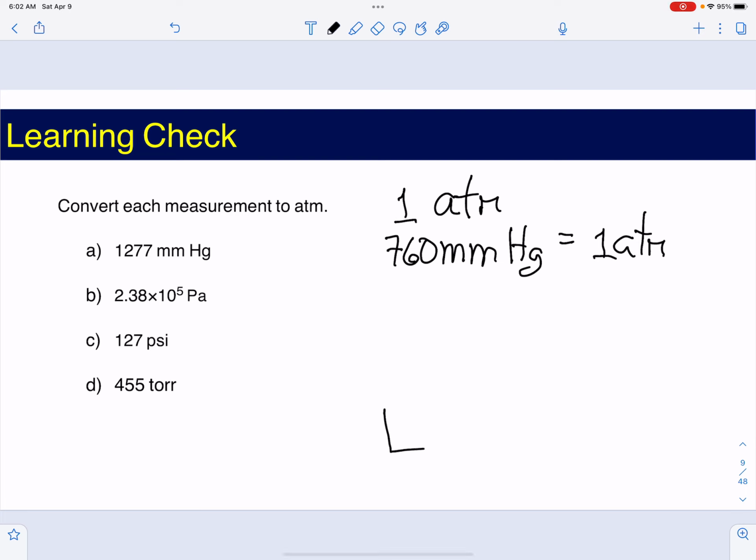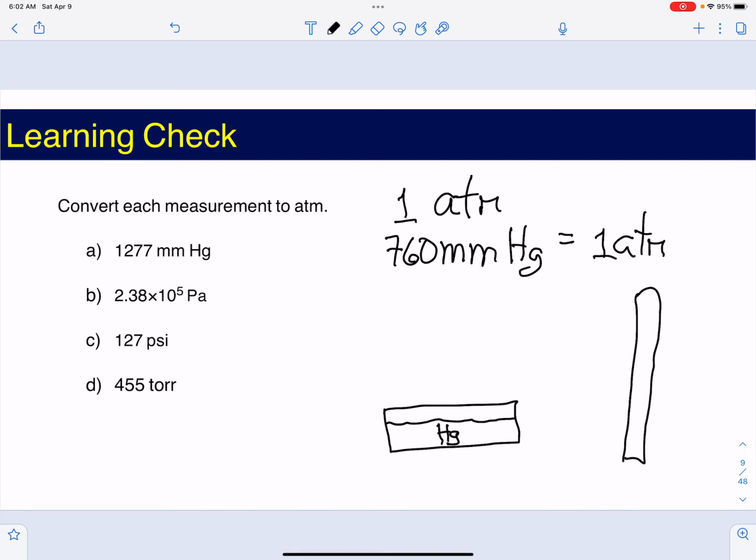Imagine you have a container, and that container contains liquid mercury. And then you take a test tube, for example, upside down, and you put the test tube inside the liquid mercury.